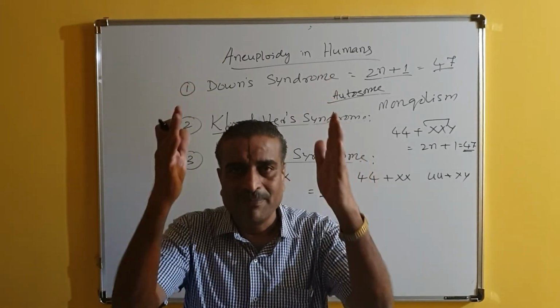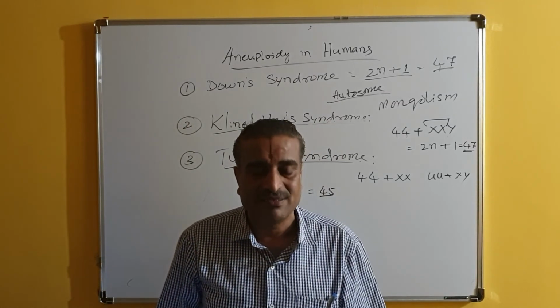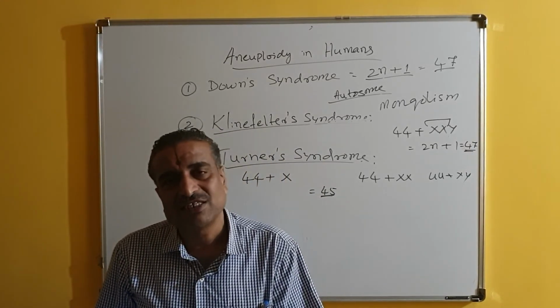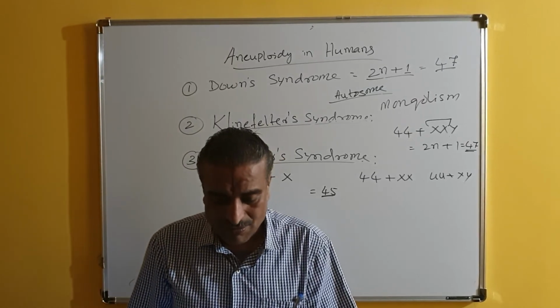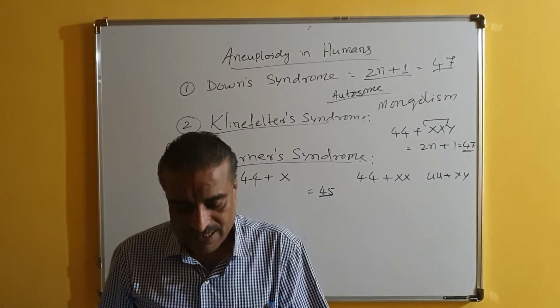There is a female body, but it is totally sterile, an imperfect female body. This disease was named after the scientist who discovered this syndrome, Turner. So Turner is the scientist who discovered this disease.